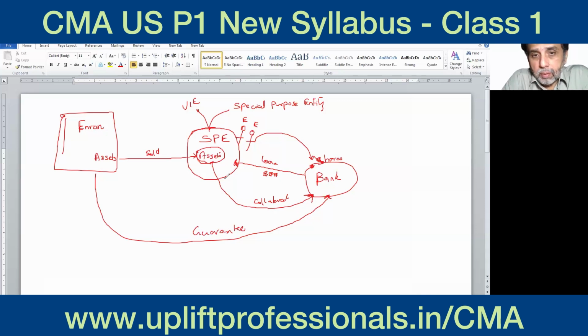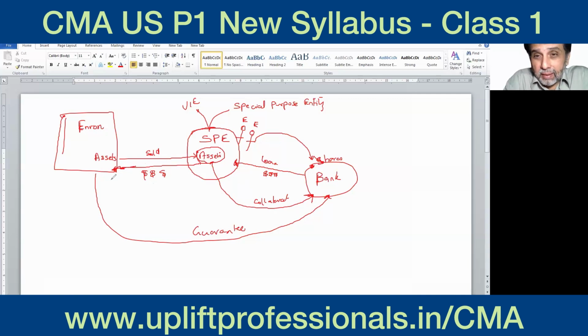Okay, what's the result of this? This loan was used to pay off the assets as the sales proceeds for assets to Enron. You understood? So Enron got financing. Agreed or not?